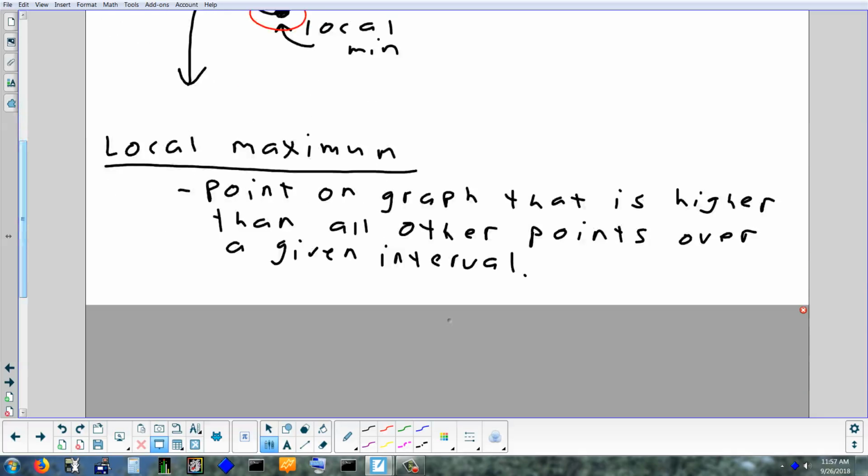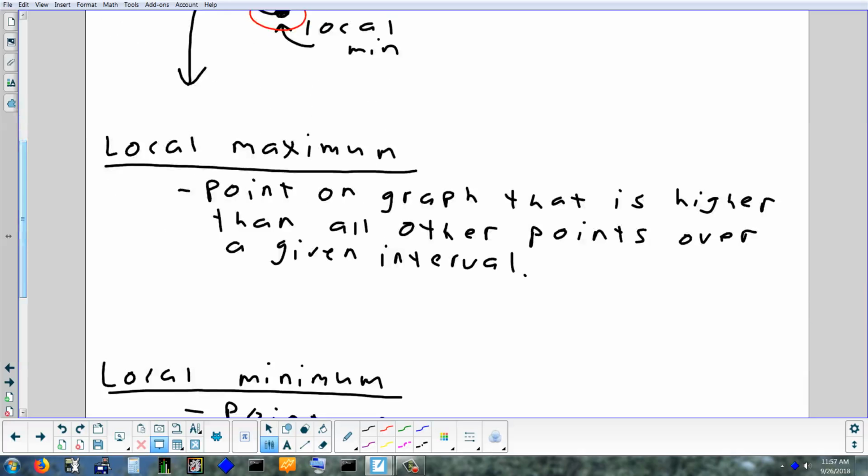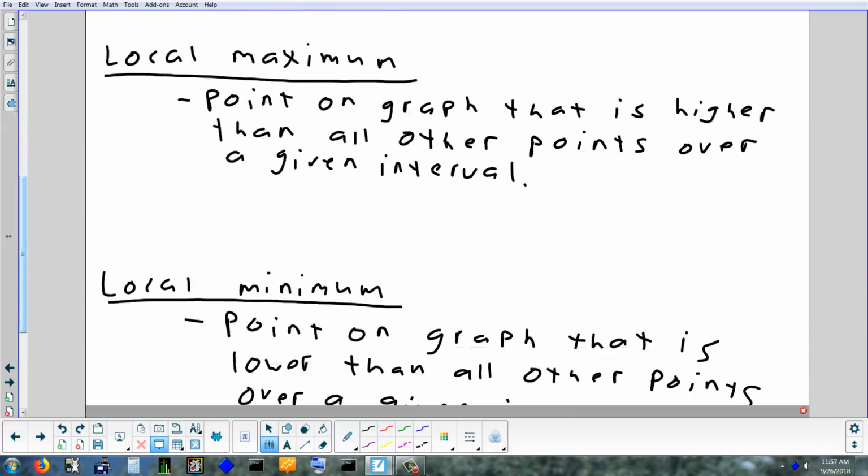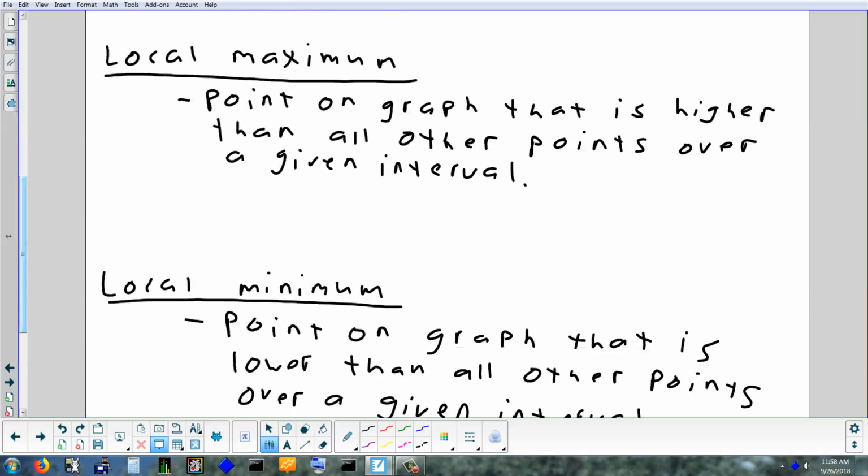Right? So local maximum: point on a graph that is higher than all other points around it. Local minimum: point on a graph that is lower than all other points around it. So you could actually put maximum and minimum in the same thing. Just put point on a graph that is higher / lower than all other points around it.